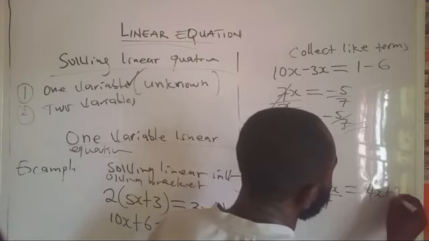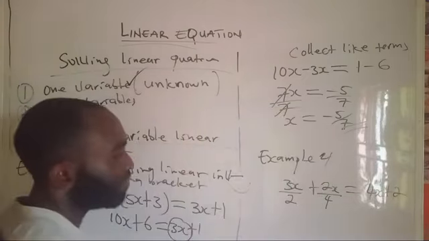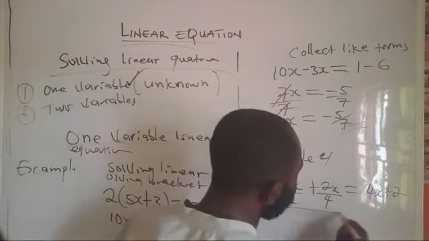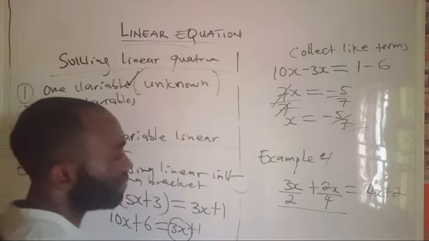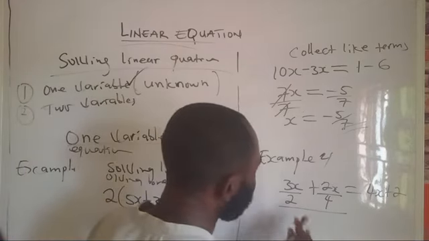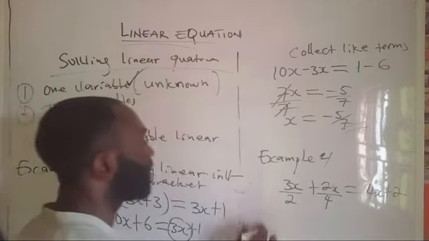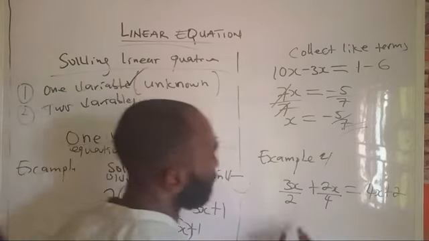4x plus 2. Here you're going to look for the LCM. The LCM here is 4. LCM means the lowest common multiple of these.